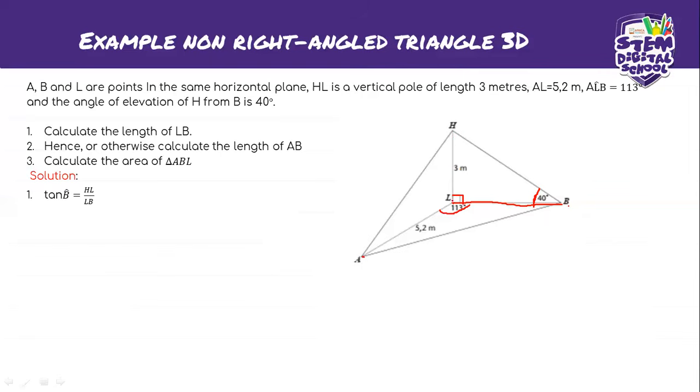Then, this length LB is going to be our adjacent. We know that tan theta equals opposite over adjacent, hence we have used tan to calculate that side LB.